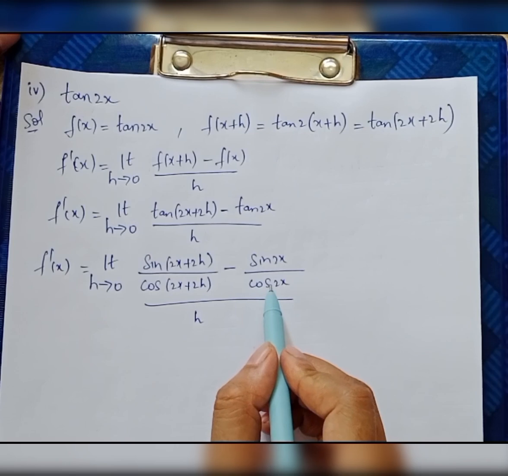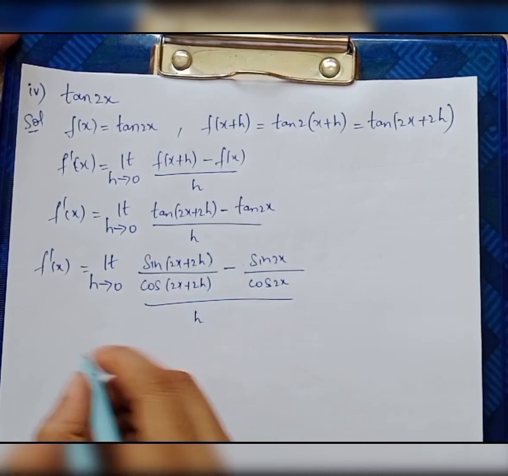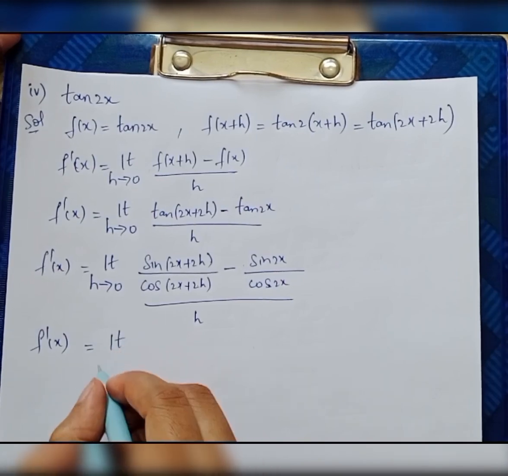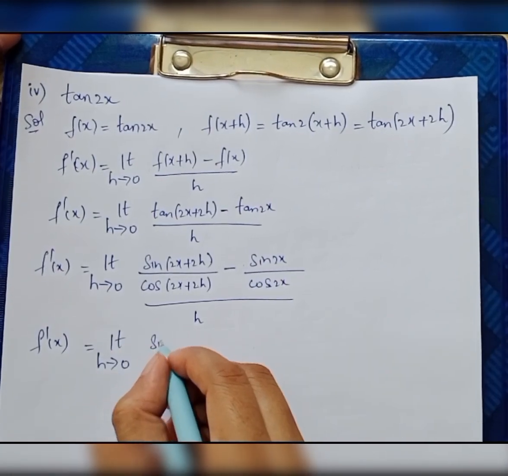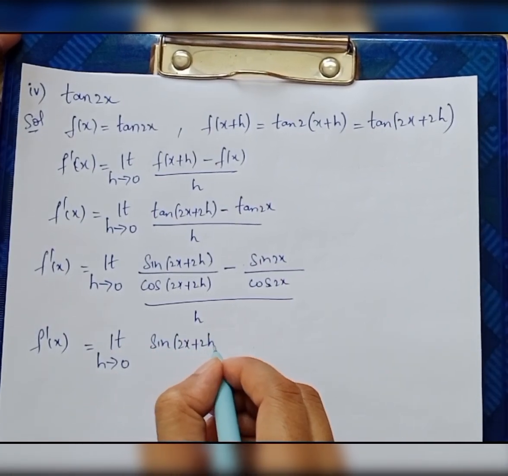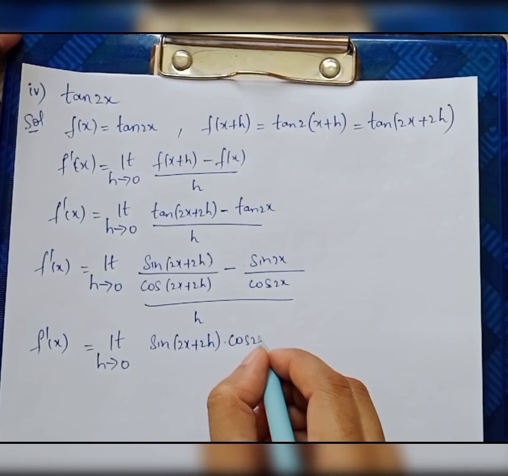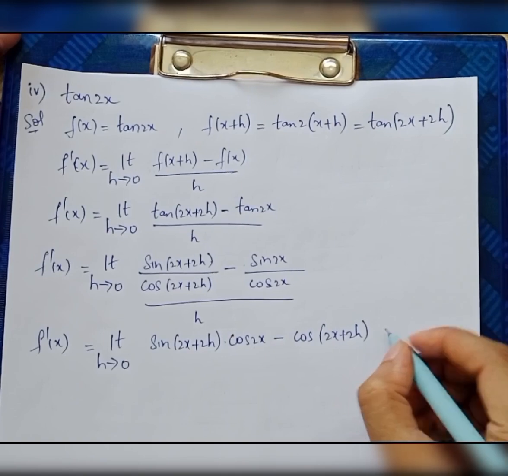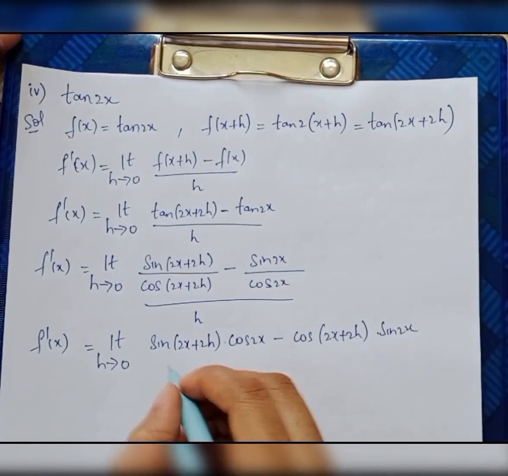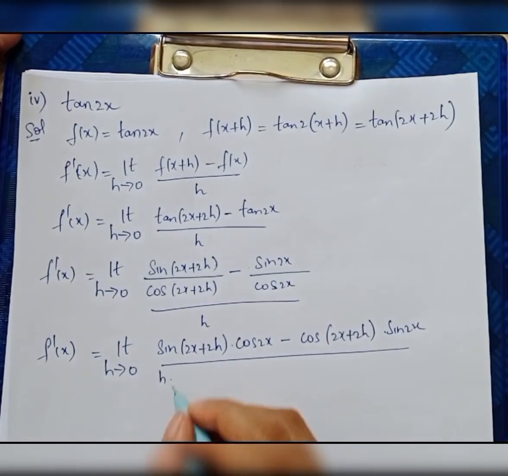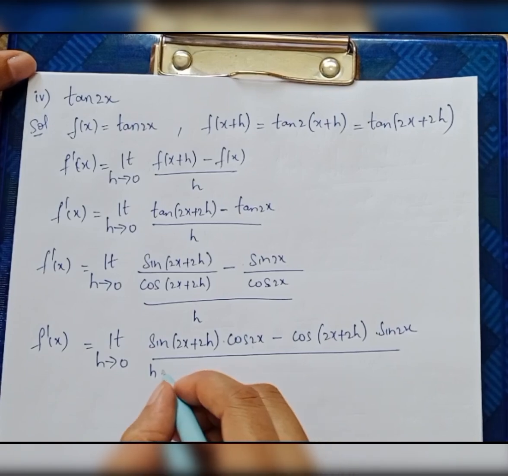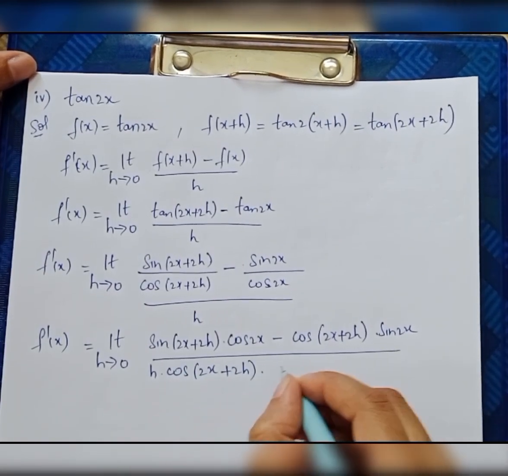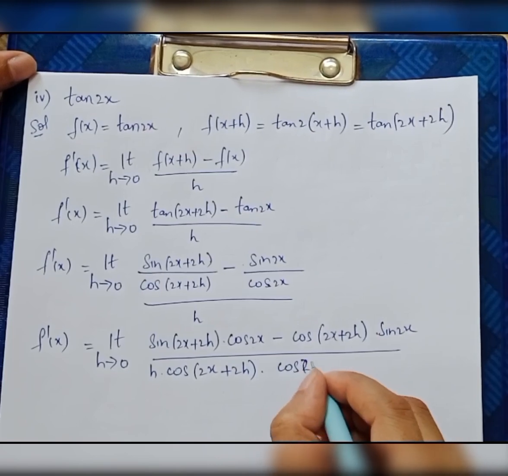Now taking the LCM, so this term goes here and this multiplies to this term. So f'(x) equals limit h tends to 0, [sin(2x + 2h) cos 2x minus cos(2x + 2h) sin 2x] by h into cos(2x + 2h) into cos 2x.